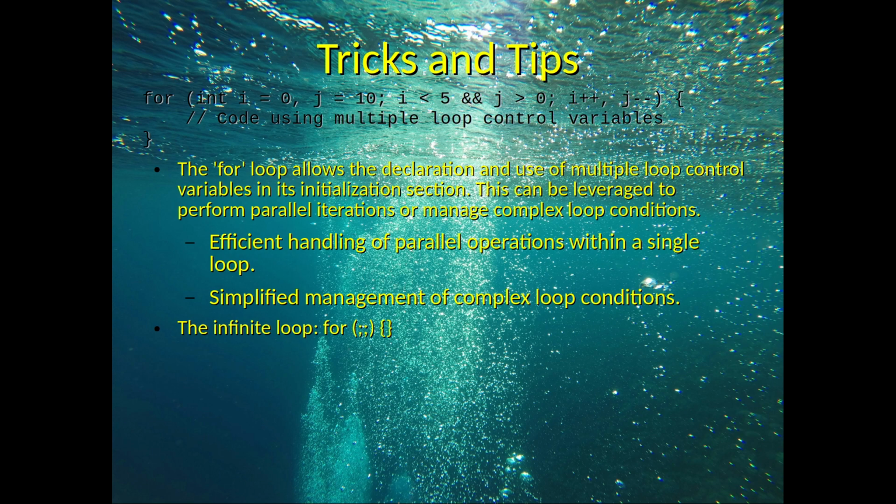It reduces the amount of computational complexity and the amount of computations that the computer has to do, and it simplifies the management of the loop conditions. And also, like while, you can have an infinite loop. You can also do an infinite loop in for just by not putting anything in the condition and the update.